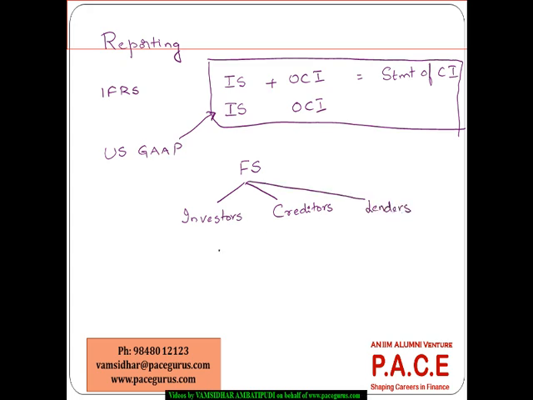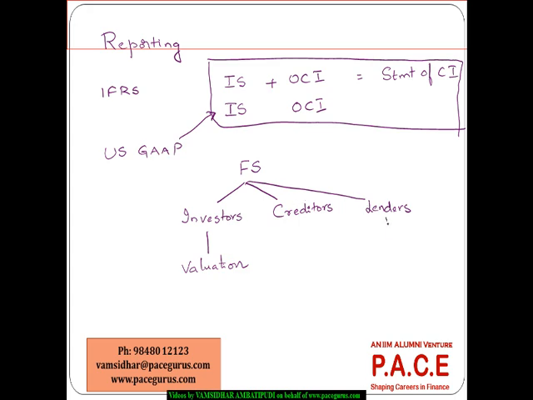There could be many other parties who could be using them. Probably the investors are more interested in valuation of the particular firm, so they will evaluate the profits and the losses over various years to finally arrive at the valuation of the firm.